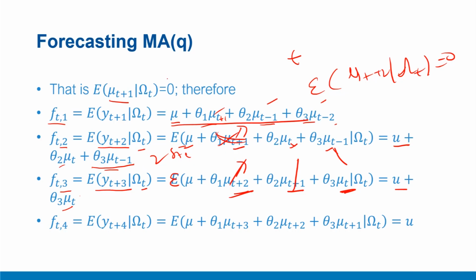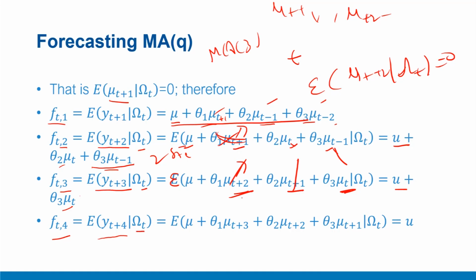Now, please recall, this is an MA process of order 3. So only information that is available up till 3 steps ahead will be used. After that, there are no mu t's that are actually available. Now all the terms will be in future, that is mu t plus 1, mu t plus 2, and so on. Case in point, the 4 step ahead forecast, which is the conditional forecast of y t plus 4 given omega t.